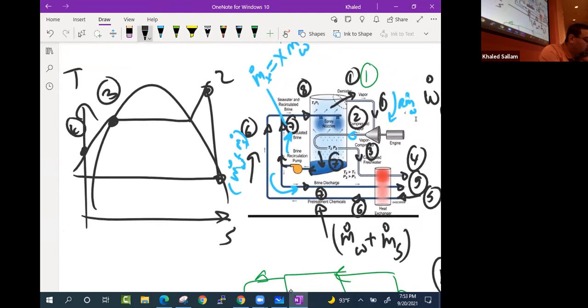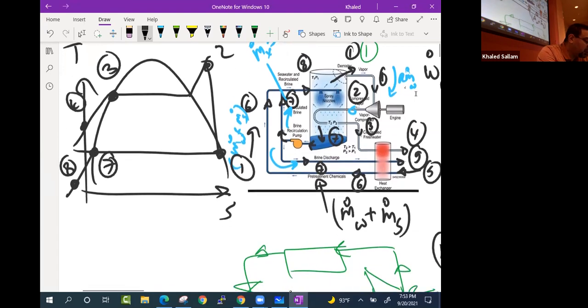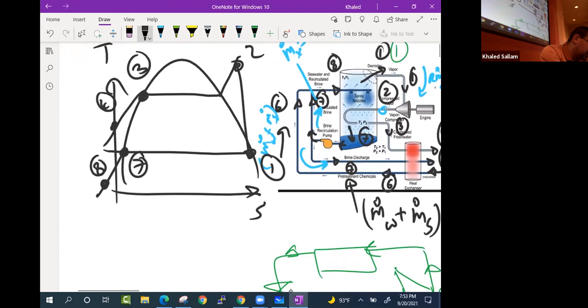So now this 1 that's over here, where did it come from? It came from 7, right? Actually, it came from 8. So 8 is being sprayed and it's being heated to become 7 and 1. 7 is the liquid that will fall down, and 1 is the vapor that will go up. And where did 8 come from? 8 came from the mixing of 6 and 7.